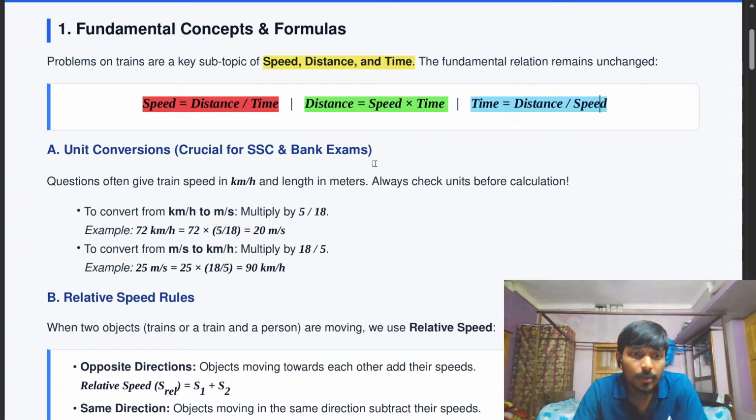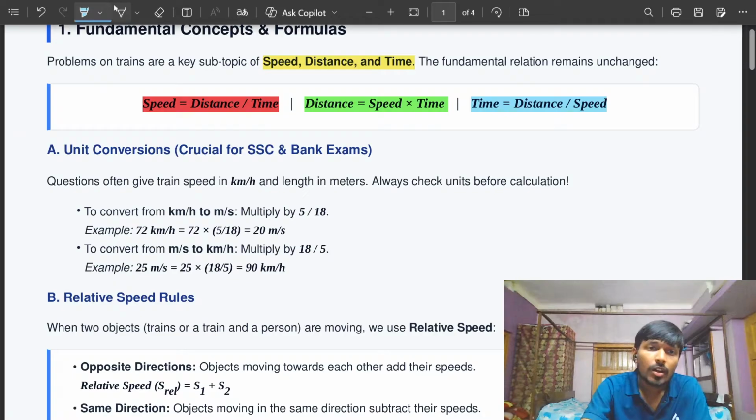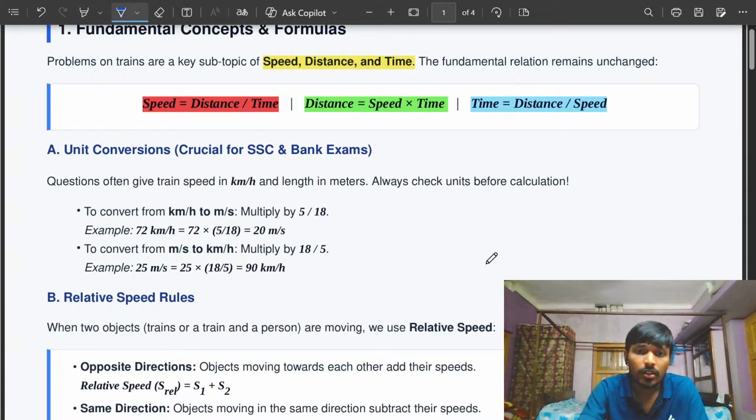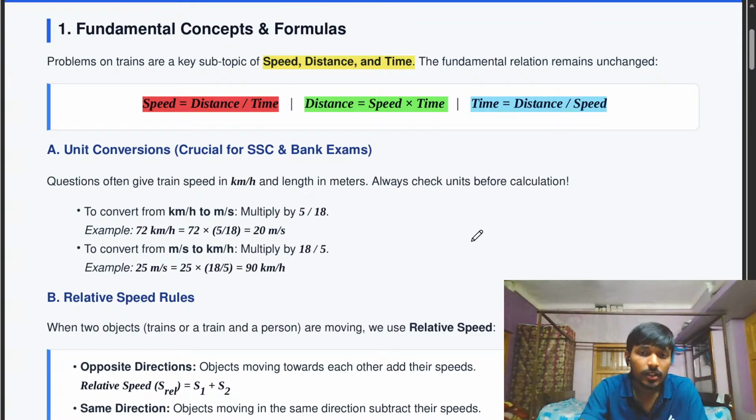Unit conversion. How do we transform kilometer per hour to meter per second?